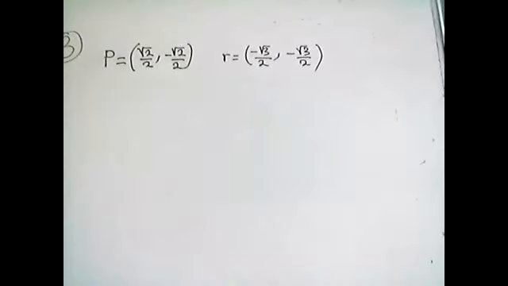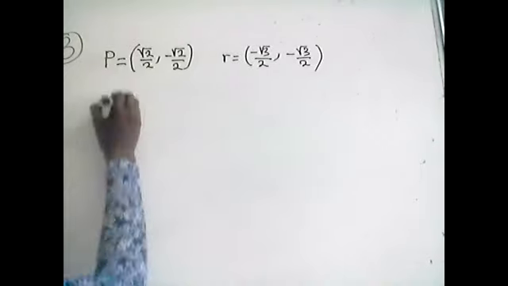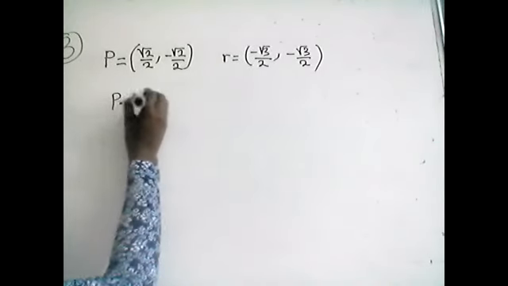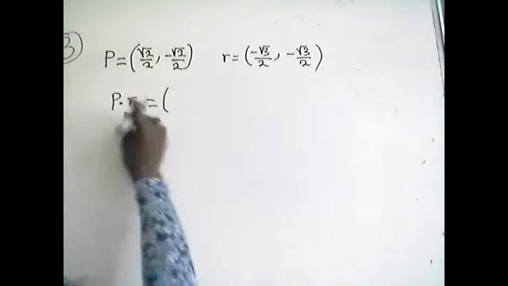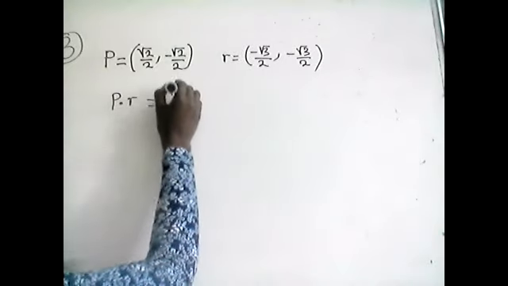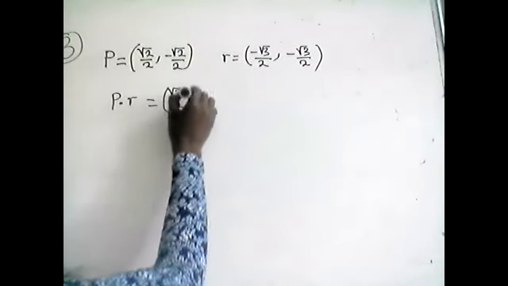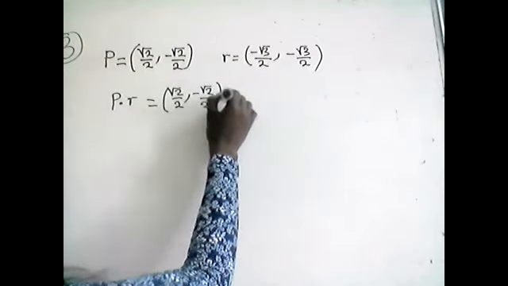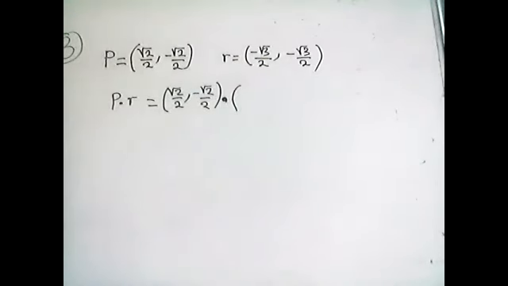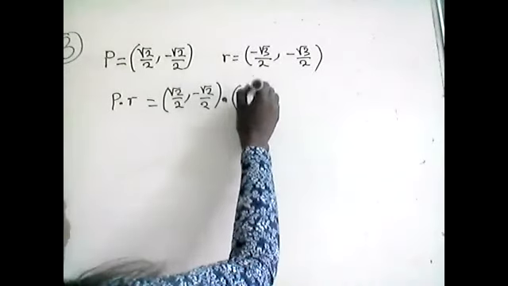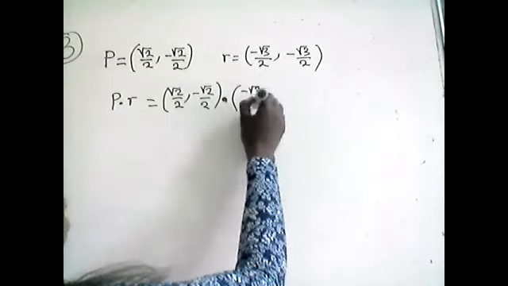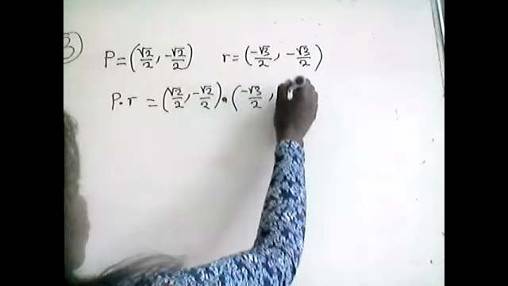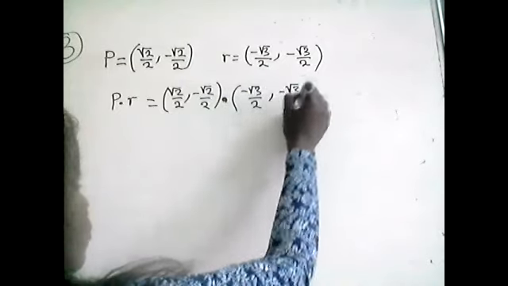So even here, we'll just do the same. The procedure is just the same. So we find the dot product of P and R. So our P is root 2 over 2, negative root 2 over 2, dot negative root 3 over 2, negative root 3 over 2.